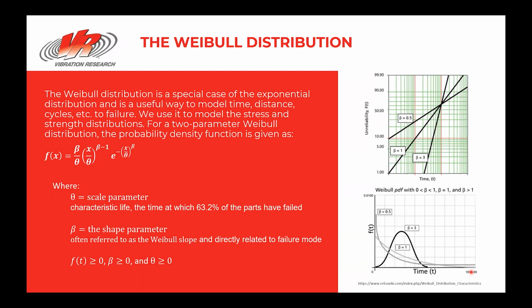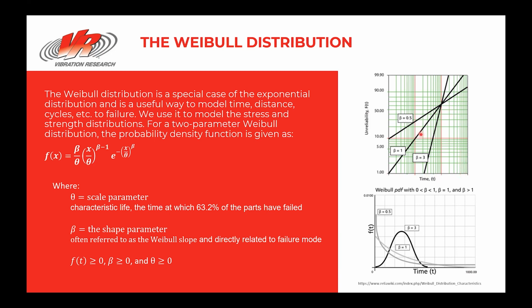The Weibull distribution can be linearized to make a common form of Weibull graph that has unreliability, that is 1 minus the failure rate expressed as a percent, on the vertical axis, and time, which could be cycles, hours, miles, etc., to failure on the horizontal axis.